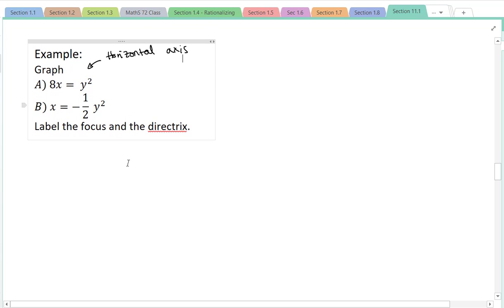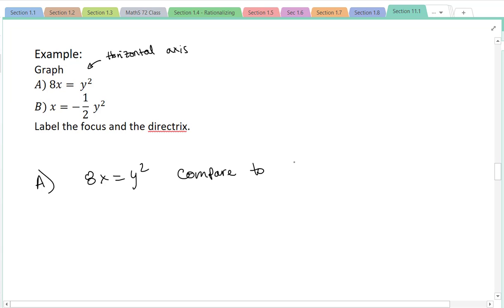Let's start with a. So I have 8x equals y squared. We want to compare it with the standard, which is 4px equals y squared. I know the book has, or what I have above is, y squared equals 4px, but just reverse it and it's the same thing.